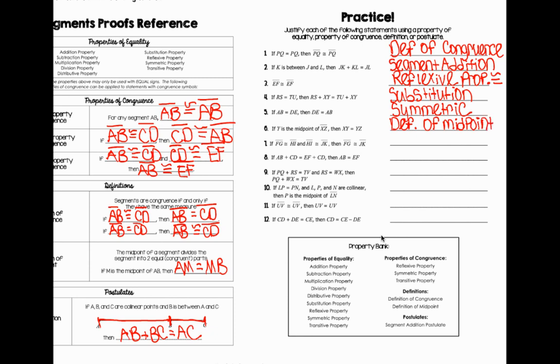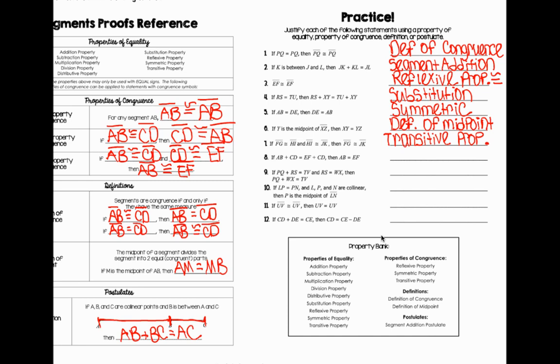If FG is congruent to HI and HI is congruent to JK, then FG is congruent to JK. So that is your transitive property. If AB plus CD equals EF plus CD, then AB is equal to EF.